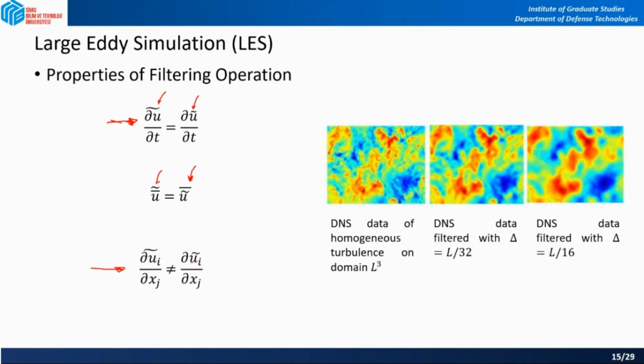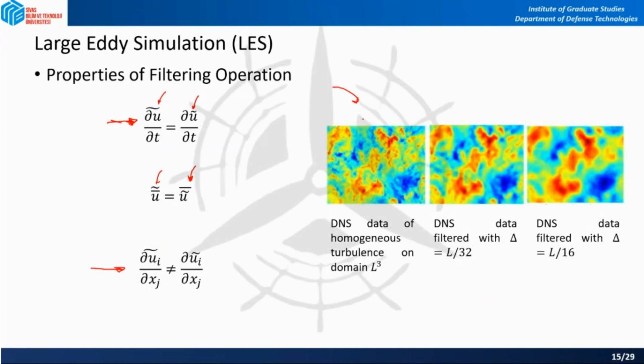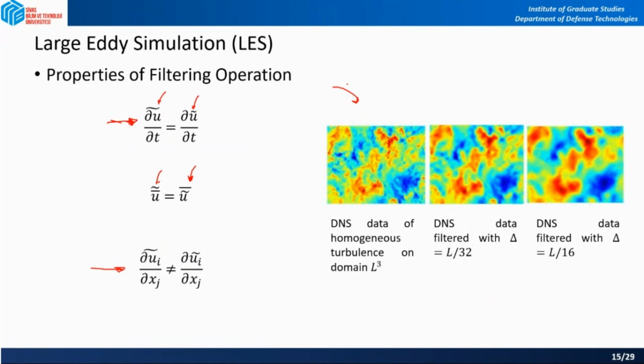Again, always remember the pictures that I have shown you. If you take the gradient of the data and then filter it, or on the other hand, you first filter and then take the gradient, you will see two different results. So I think for the term project, this could be another exercise: try this on some image and see if it gives the same thing or not.